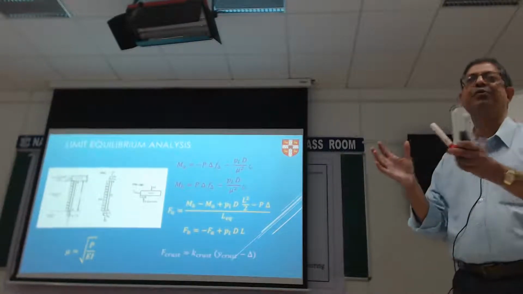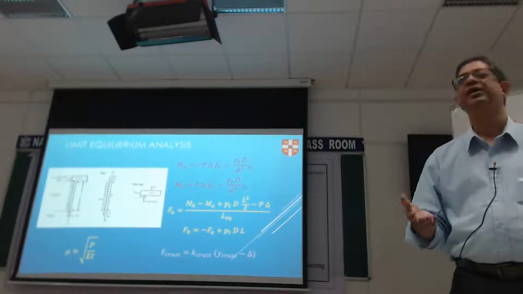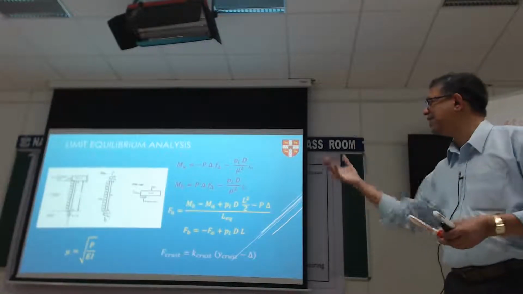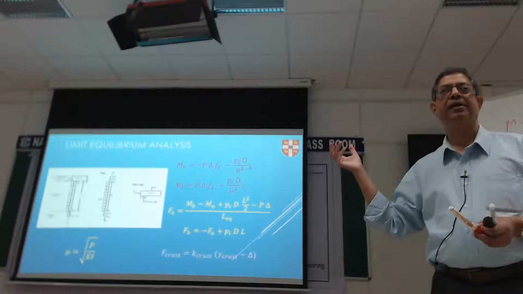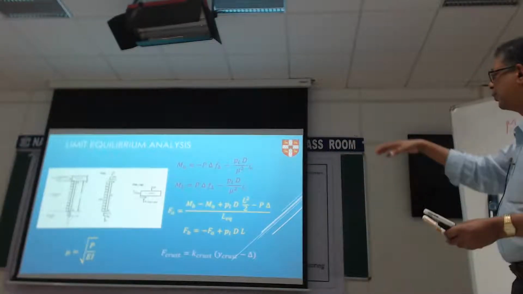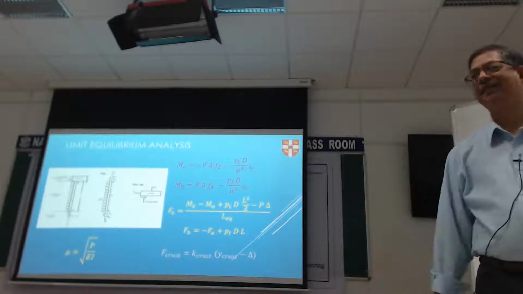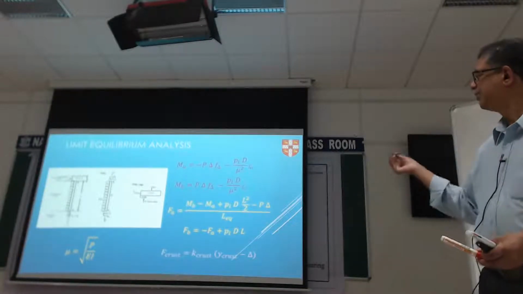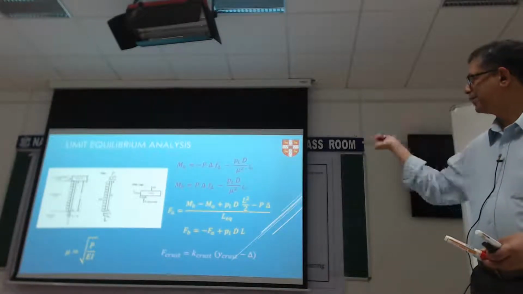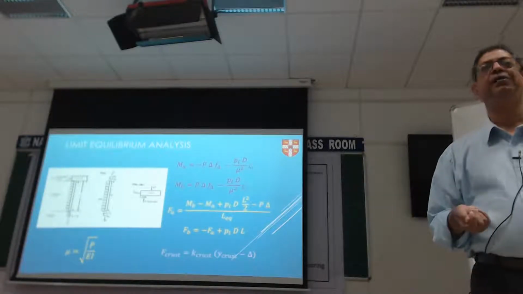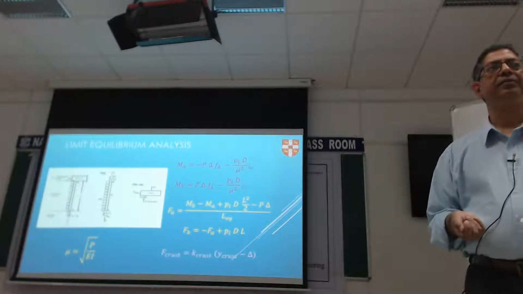If you subtract one from the other, you'll get the relative displacement. So that should be the force acting on the cap. So we can solve these equations without bothering about anything else, provided we know the pressure applied by the liquefiable soil. Okay.